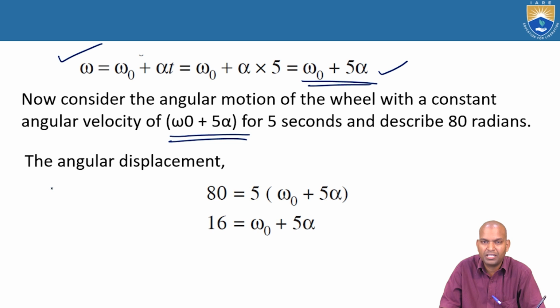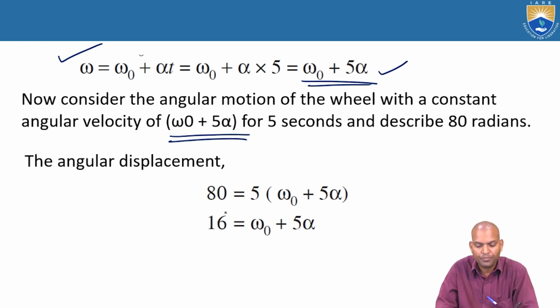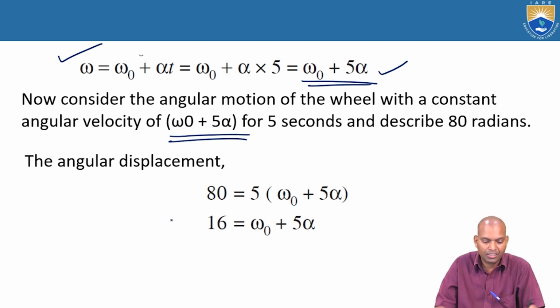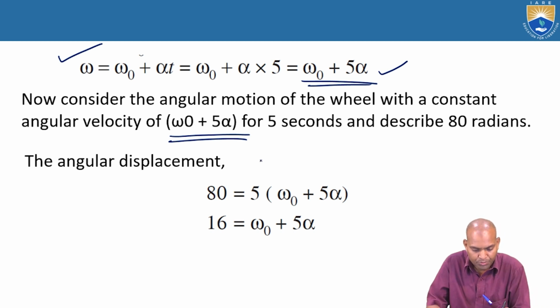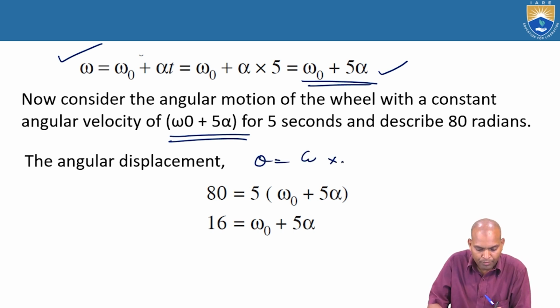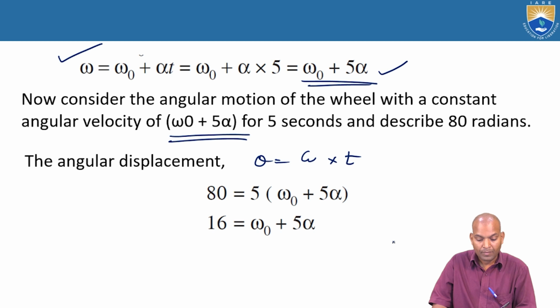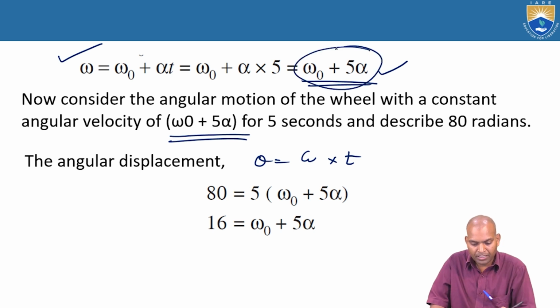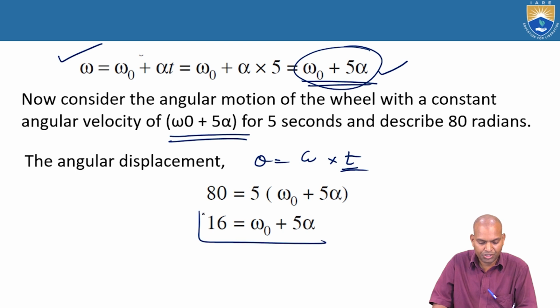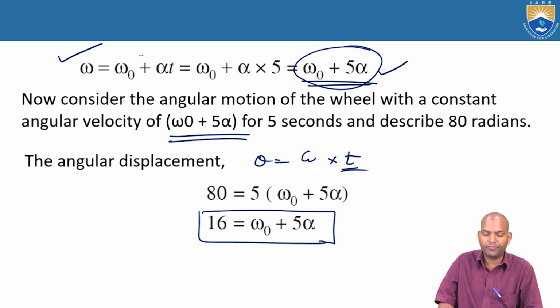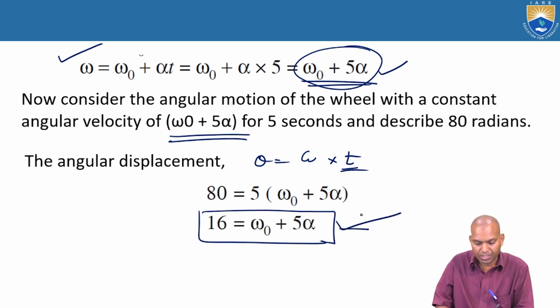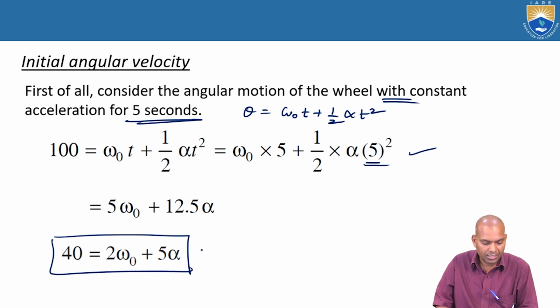So the angular displacement 80 equal to 5 times omega naught plus 5 alpha. Angular displacement theta equal to omega times t, where t is 5 seconds. Substituting, 16 equal to omega naught plus 5 alpha. This is one equation and here is another equation.